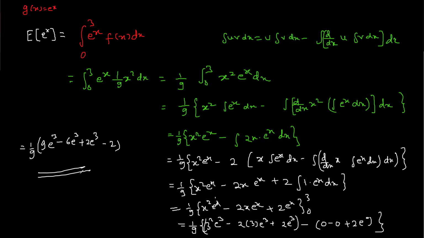You can calculate e raised to 3 from a calculator. You can further solve: 9 minus 6 is 3, 3 plus 2 is 5. This is your answer.